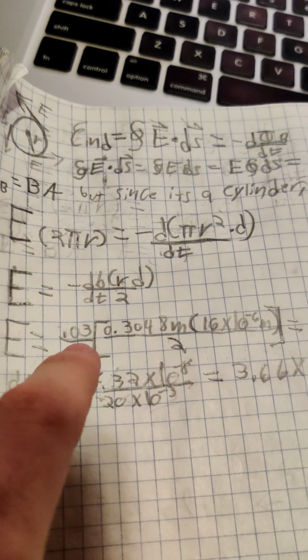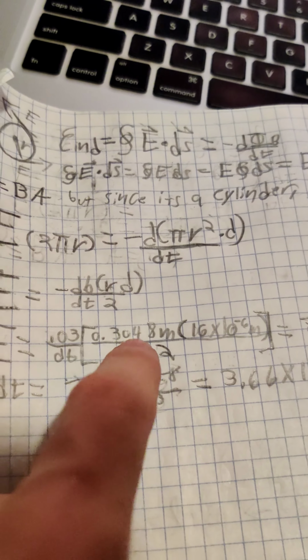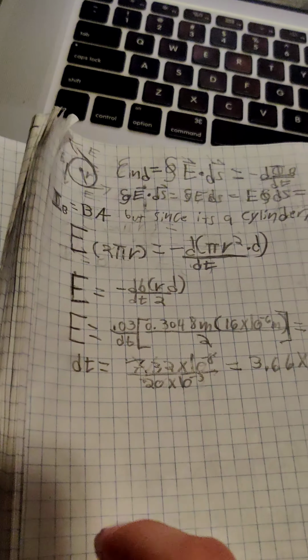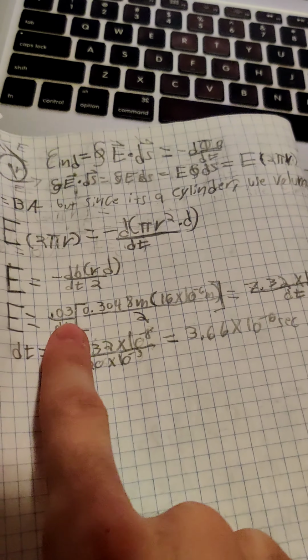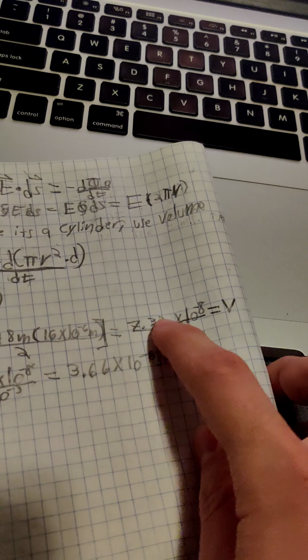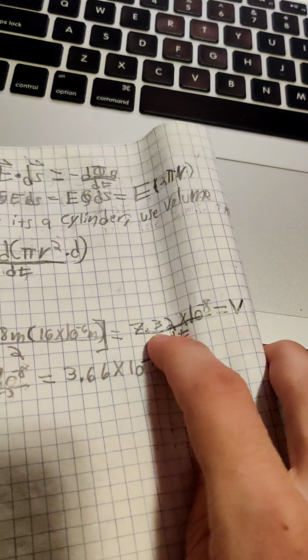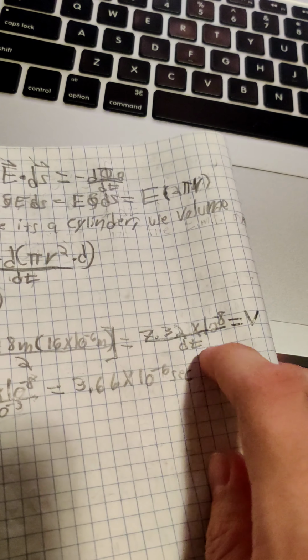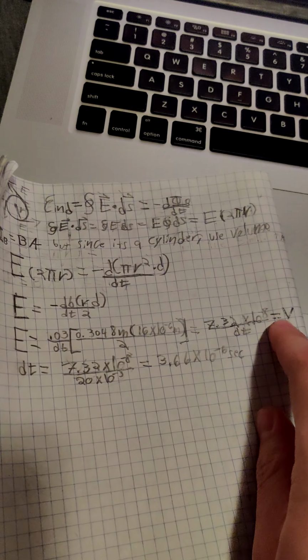So I plugged in my values, right here for distance, radius, and change in magnetic field. And so that's how I was able to get 7.38 times 10 to the negative 8 divided by dt, and that is equal to the voltage.